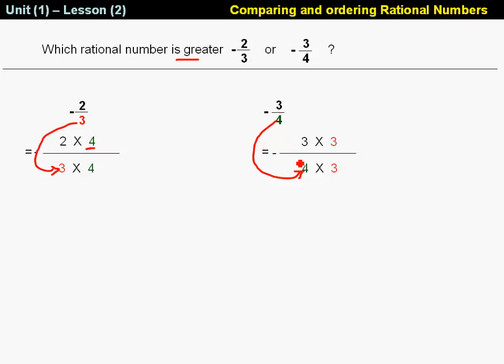Here we multiplied 4 times 3, so we must multiply 3 in the numerator times 3 also. Both of these must be the same. If you multiply the denominator by a number, you must multiply the numerator also times the same number.